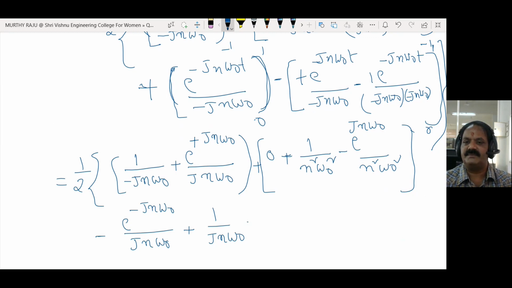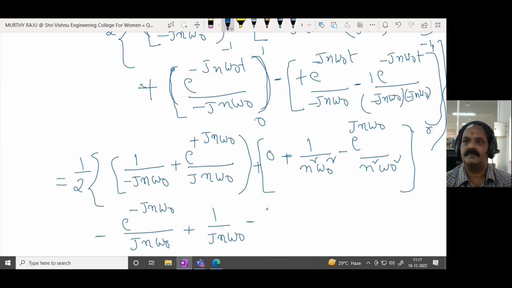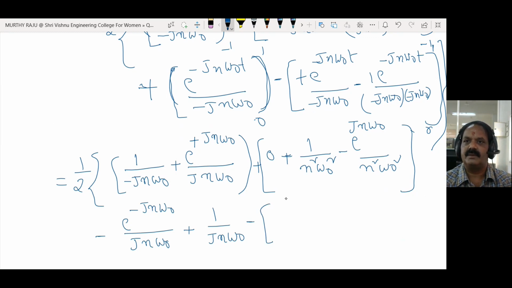Coming to this one, it is minus. Upper limit is 1, into e^(-jnω₀) by (-jnω₀).